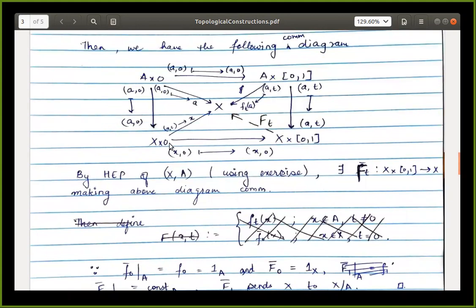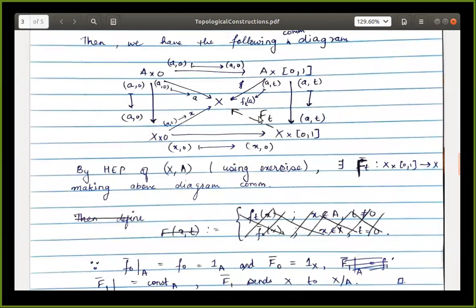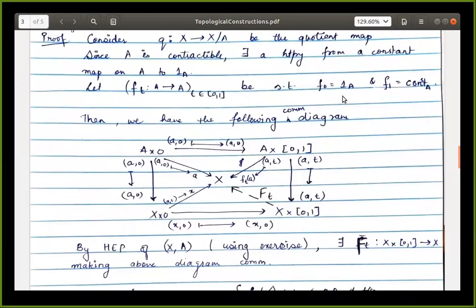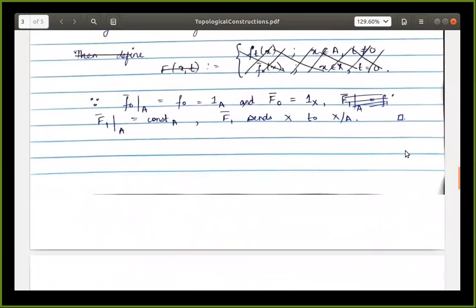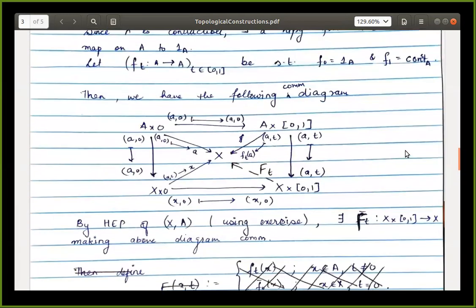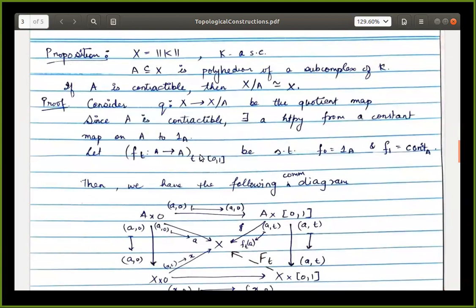If it has to extend this map, then f0 has to be this map, which is the identity on X, and we wanted that f at time 1 should remain a constant map on A. So f1 restricted to A is going to extend this particular piece, which by assumption is a constant map on A. So we have a homotopy which extends these, and now this along with these compositions gives you the desired result.